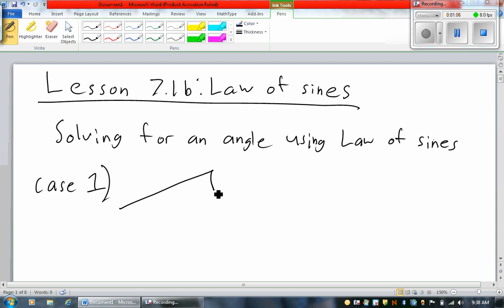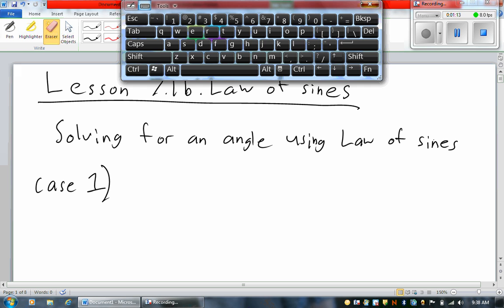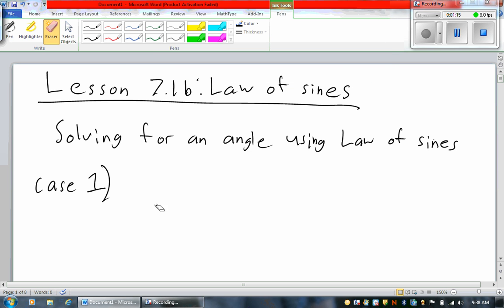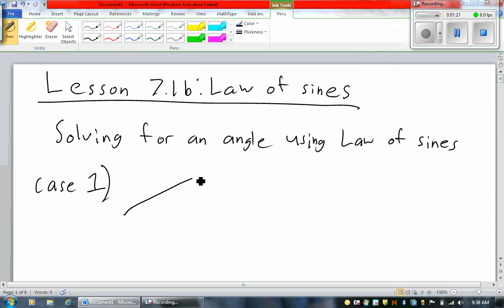We have a triangle XZY, and remember our sides are labeled in lowercase letters across from the angles.